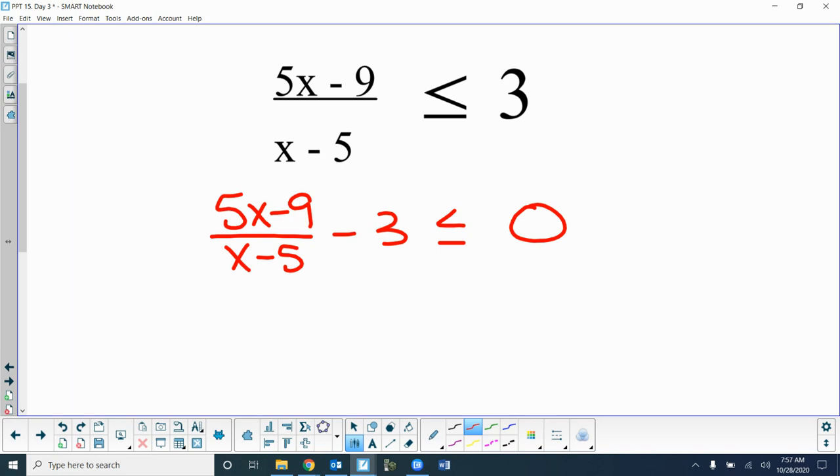If I have a subtraction problem, what must be true so I can subtract? A common denominator. There's only one denominator, so what's the common denominator going to be? x minus 5. Since I had to put an x minus 5 in the bottom, what do I have to do in the top? An x minus 5 in the top, right? You guys with me on that?